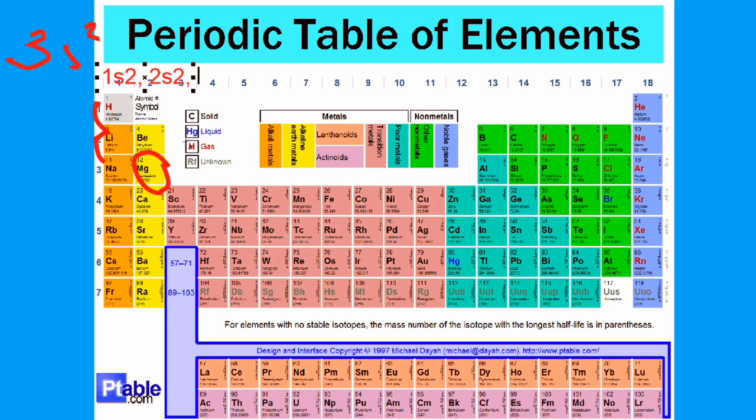Then 2p6, because we come over here to the P region, and we're in the 2nd energy level still, and there's 6 of them. 1, 2, 3, 4, 5, 6. So we've got 6 of those. And then finally our 3s2, because that is our magnesium in the 3rd energy level, S region, and the 2nd element in. So that would be the full electron configuration for magnesium.